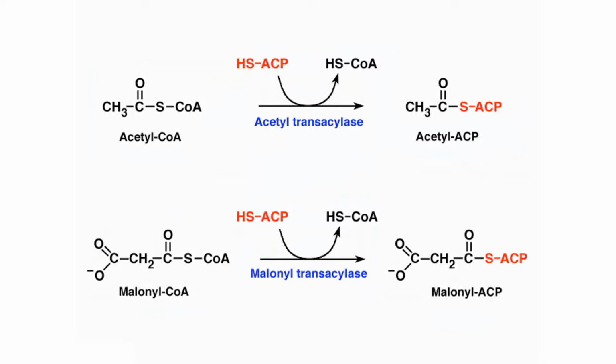And this is accomplished by the use of this enzyme, acetyl transacylase. So we get an acetyl ACP unit. The second reaction that occurs is switching out that CoA for the acyl carrier protein. So both acetyl-CoA and malonyl-CoA are then converted to ACP derivatives. And these products are going to react with one another in the next step of this process.